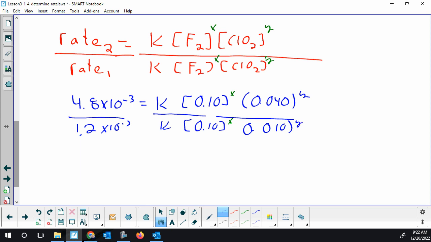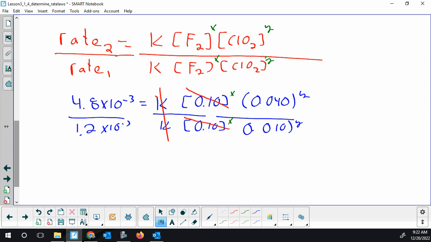So we have this sort of algebraic expression. Our K's are going to cancel. We don't know what it is, whether it's 10 over 10, 5 over 5, 100 over 100, we don't care. And we can cancel something else. We don't know what x is, but 0.1 to the power of x divided by 0.1 to the power of x, these two are always going to cancel each other out.